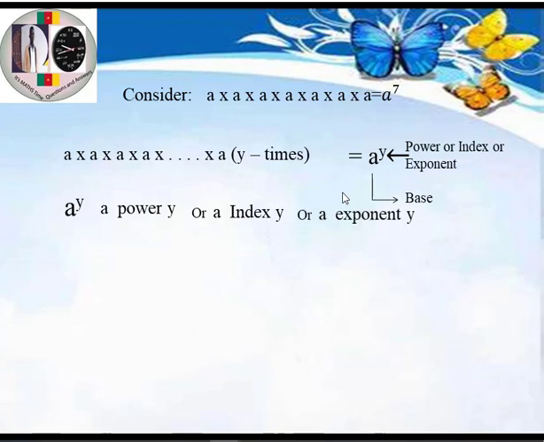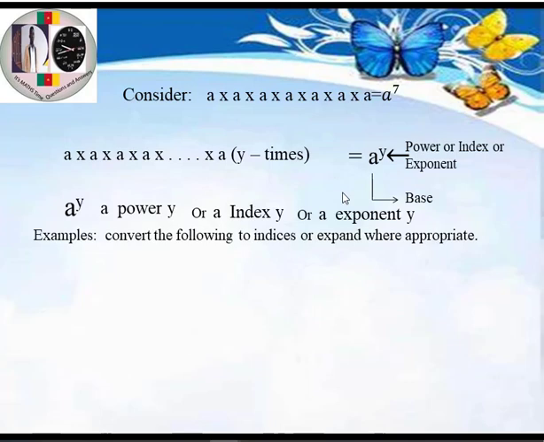Let's consider some examples. We are asked to convert the following to indices or expand where appropriate: a half power 5, 2.5 power 3, 3p power 4, 3y times 3y times 3y, and 16.